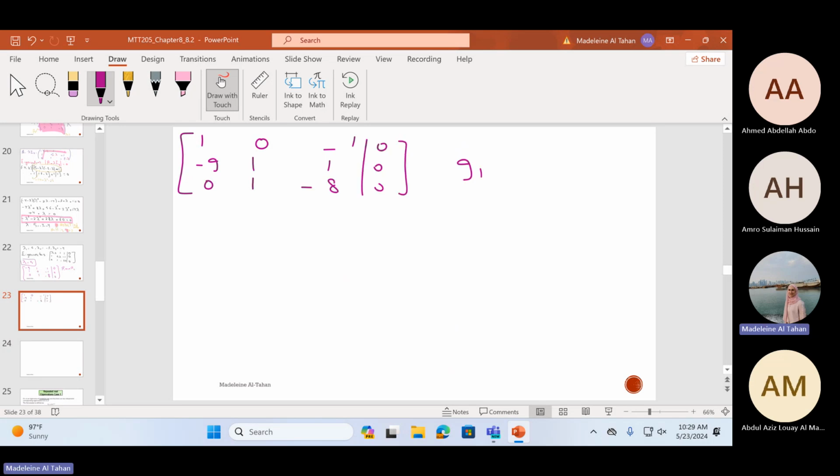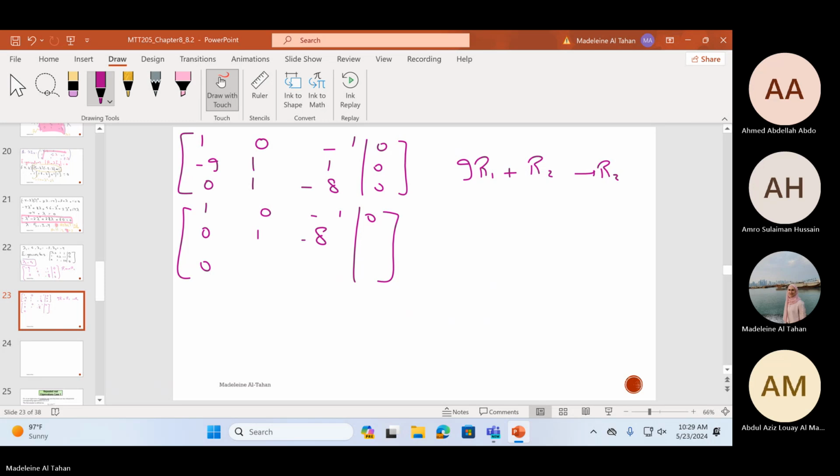And here what can we say? 9R1 plus R2 gives R2. What will we get from this? The last two rows, are they identical?